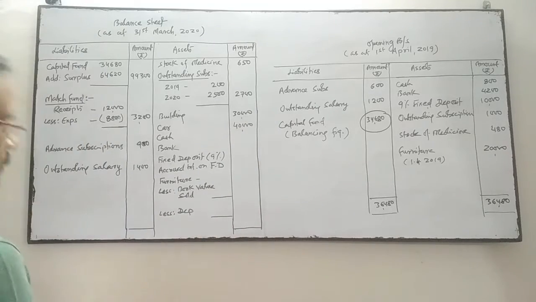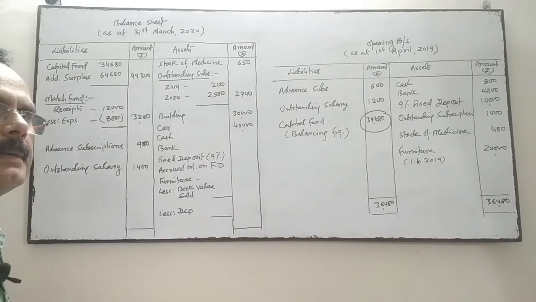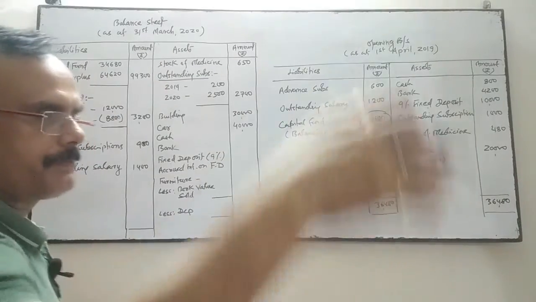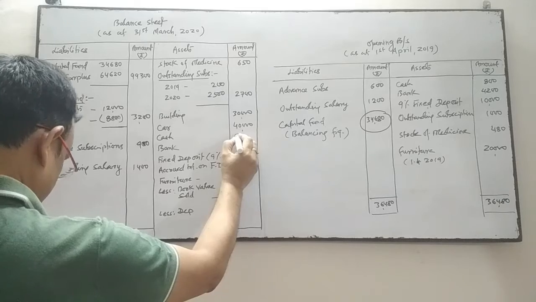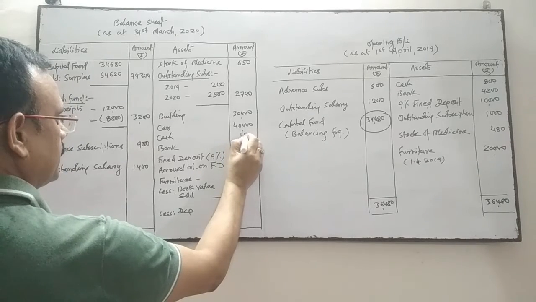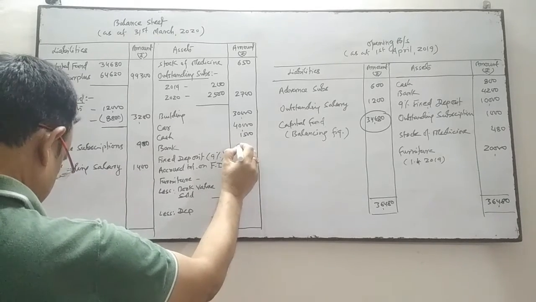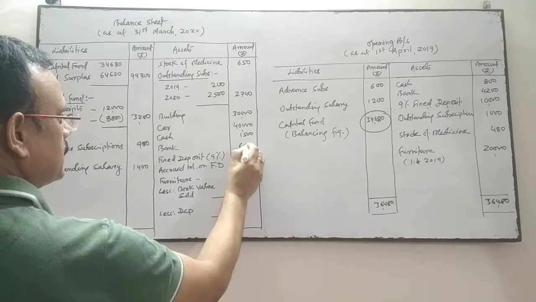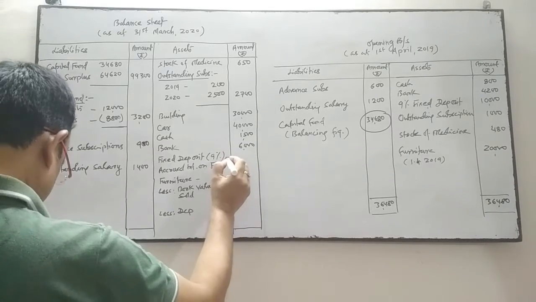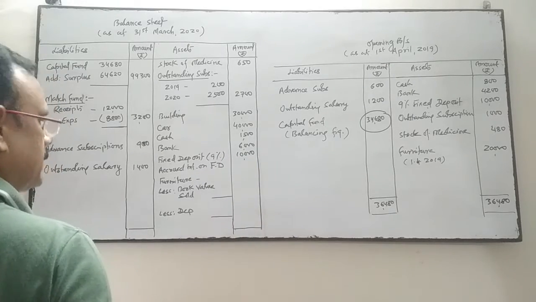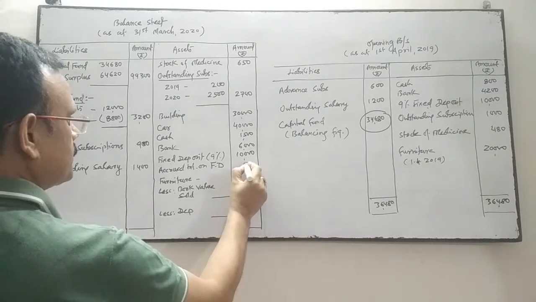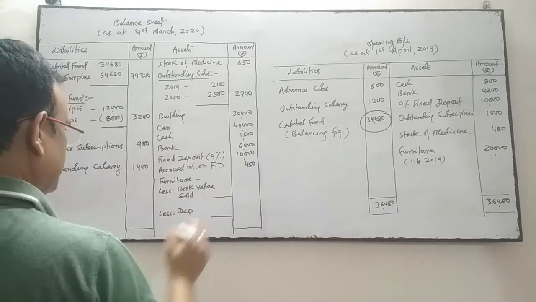Cash in hand, cash at bank: closing figure of the receipt and payment account, credit side last figure. Closing cash in hand is 1,500, cash at bank is 6,000, fixed deposit at the rate of 9% is 10,000, accrued interest on FD 400.